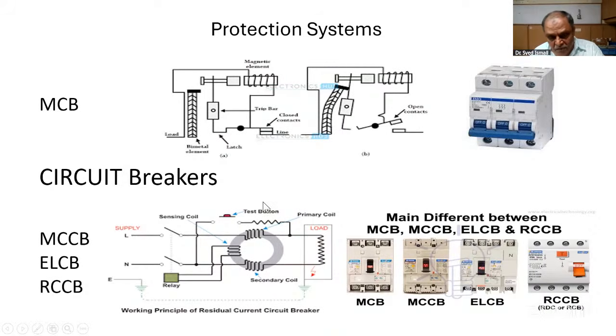Now you have the circuit breakers, MCCB, and protection by ELCB, which is earth leakage current, and RCCB, which is residual current. I will not explain these safety systems in detail. If your wire somewhere touches ground or goes somewhere else, it is detected and it breaks automatically. So remember these words whenever you install. Have you put MCCB?